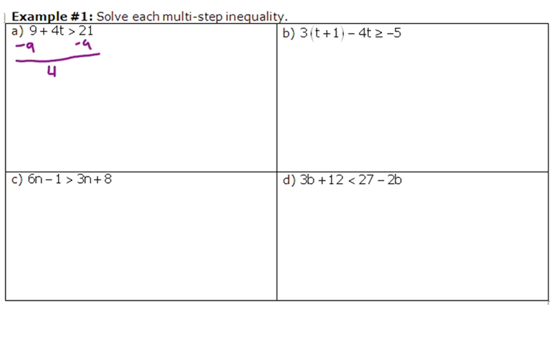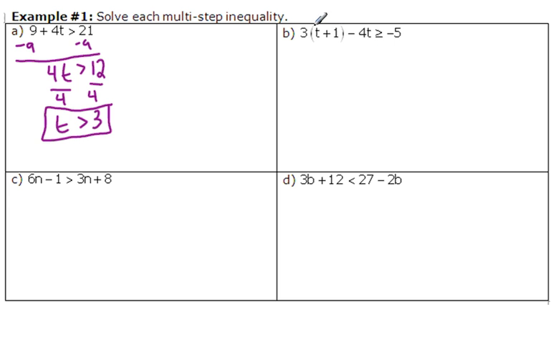Well, 21 minus 9 is 12. So I have 4t is greater than 12. Now, to get the t alone, I would divide by 4. 12 divided by 4 is 3. So I have t is greater than 3. Now these don't ask us to graph, so we're done.